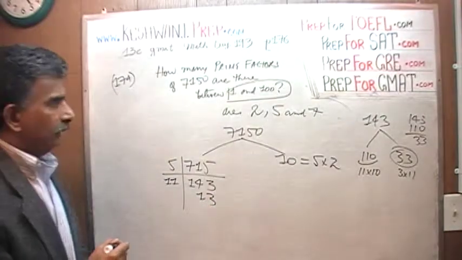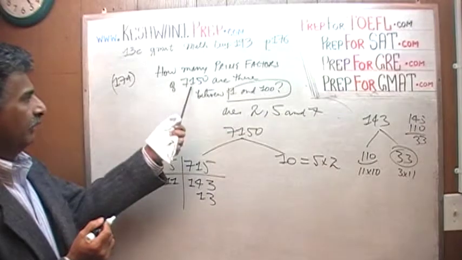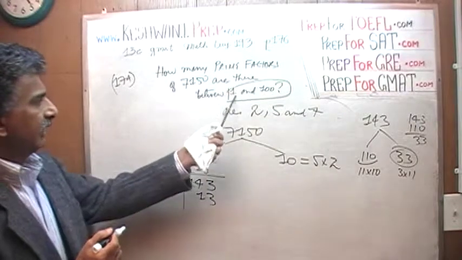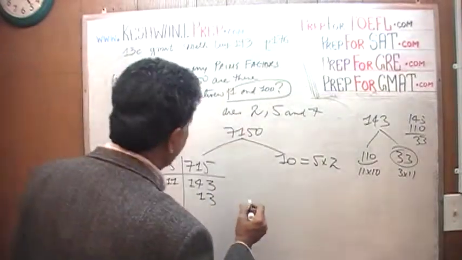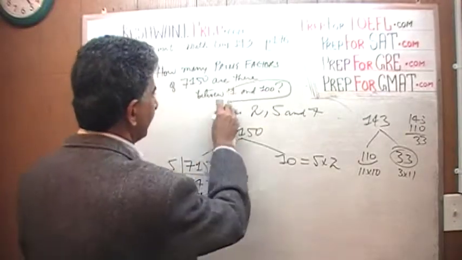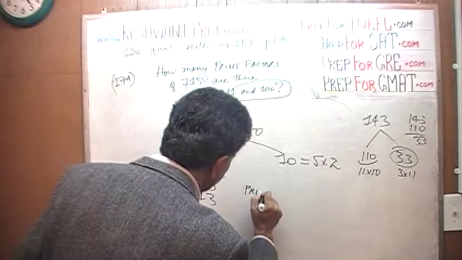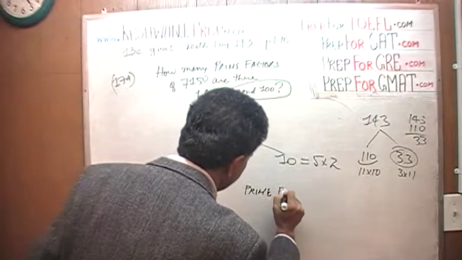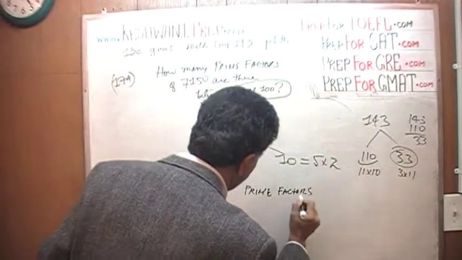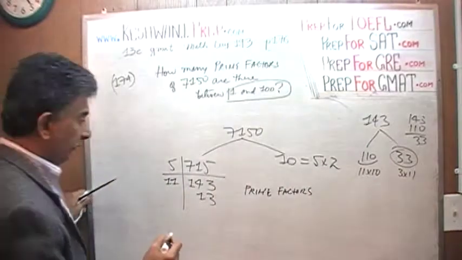We are done. So, what are the prime factors of 7,150 that lie between 1 and 100? We should erase this part. This is from the previous work. Those prime factors are, let's go in sequence, okay? We must go in order.